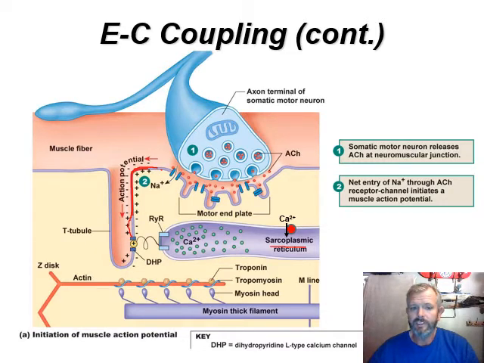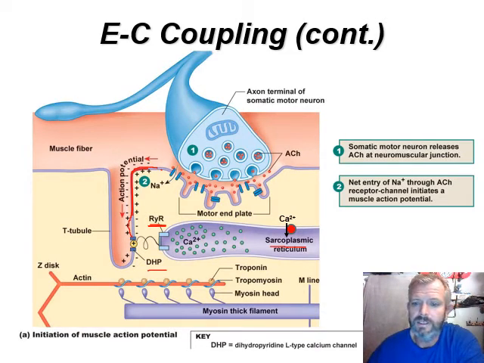Down these T-tubules, we have these DHP receptors, dihydropyridine receptors. This is a calcium channel. It is coupled to these ryanodine receptors on the sarcoplasmic reticulum.